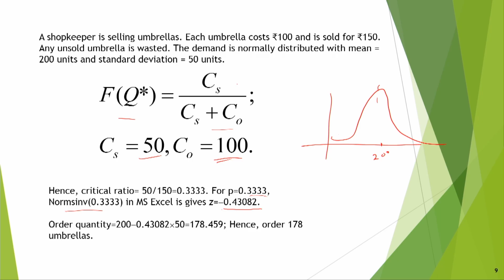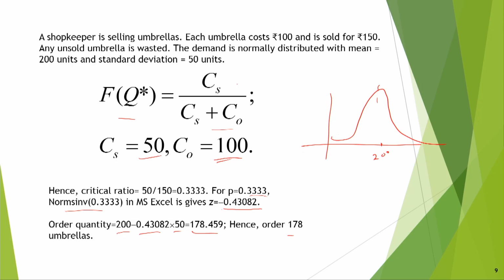You can also get it from normal distribution tables, but we got it from Excel. The order quantity is then 200 plus Z times the standard deviation, so you have to order 178.459. You can say you order 178 umbrellas, and that will be optimum.